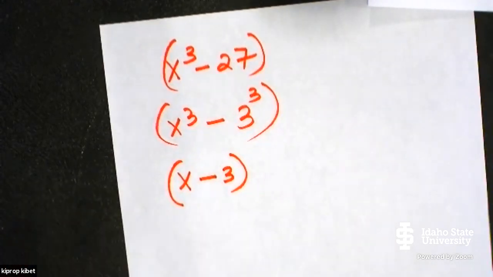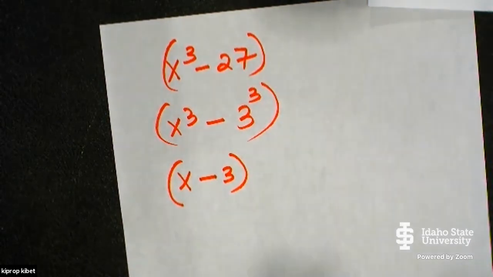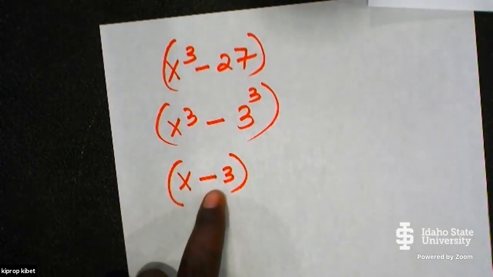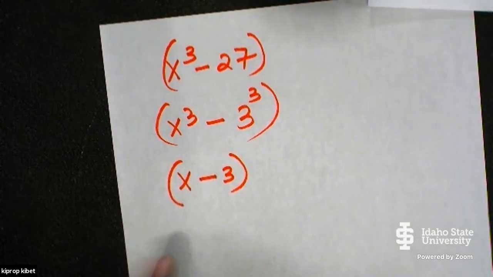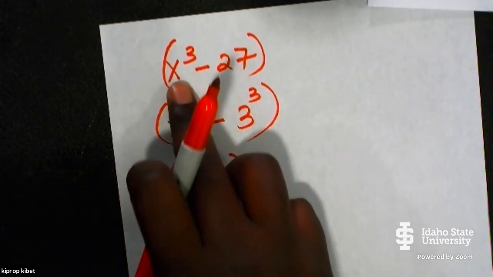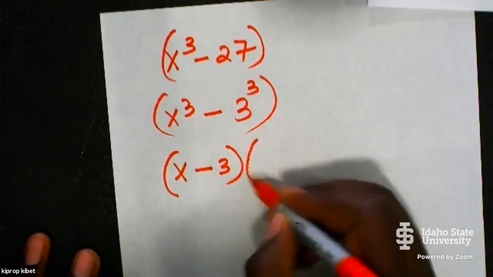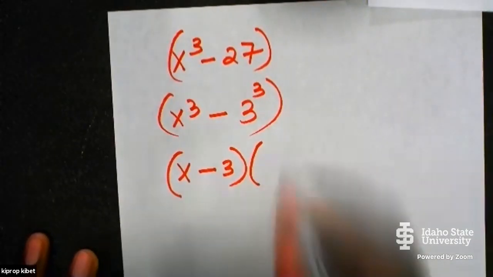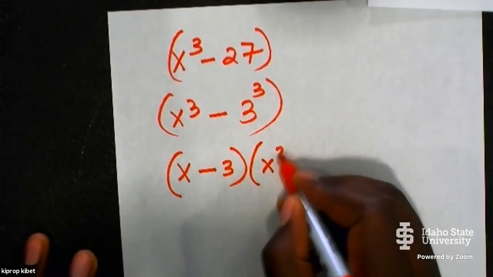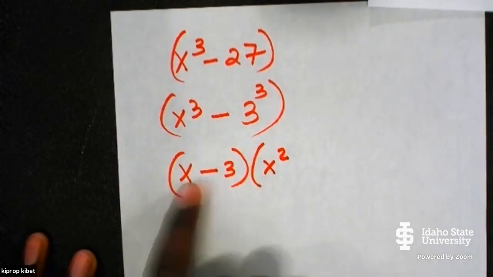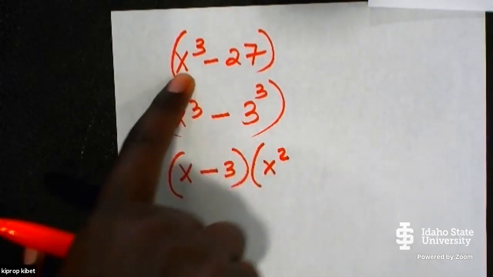Then there is another one which will give us this cube there. So what will be the next one over here? Definitely there is the x squared, so that when we multiply this and this, we get x cubed.